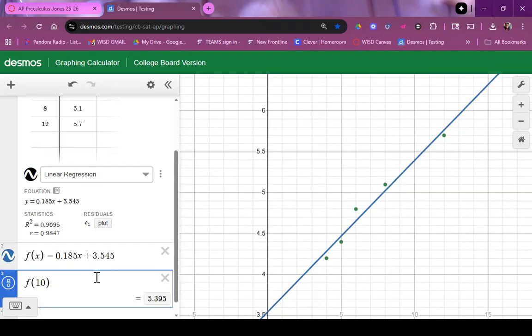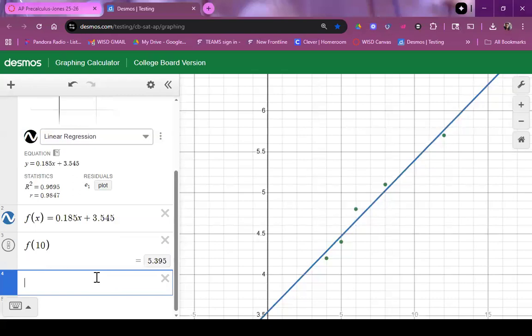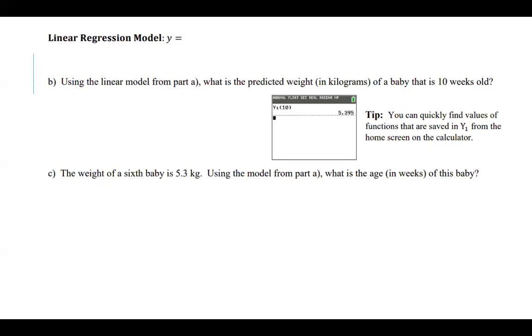Okay? Questions, comments, concerns thus far? Make sense? All right. So that's that part. The next part, so we found out the baby weighs, what is it? 5.395. So I'm going to write down 5.395.